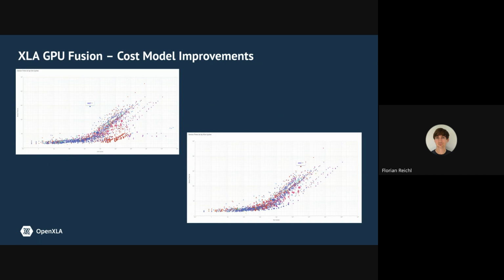And this is a lot about out of the box performance on models that weren't tuned, right? XLA GPU has really good performance on the models that it was specifically tuned for, but on like random models, it could be better, and this should help.